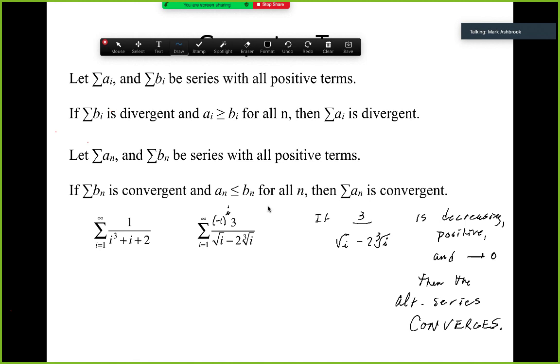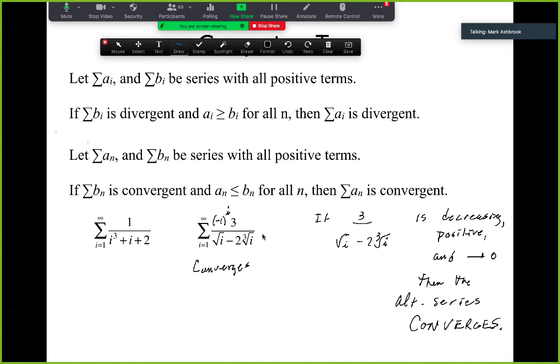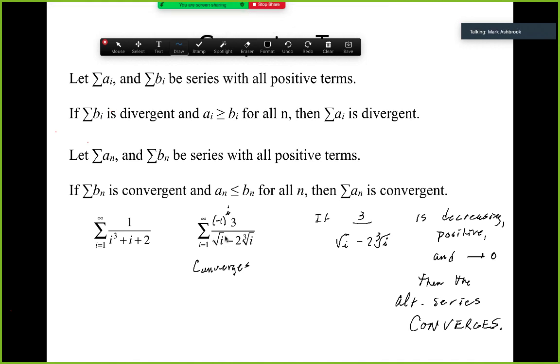Questions on that? Professor Asper? Yeah, I have a quick question. So without it alternating, for the second series, it would not converge? Right, that was the one we did before by comparison. That was the problem we did just prior to this. It diverges essentially because this is like a P series with 1/2.